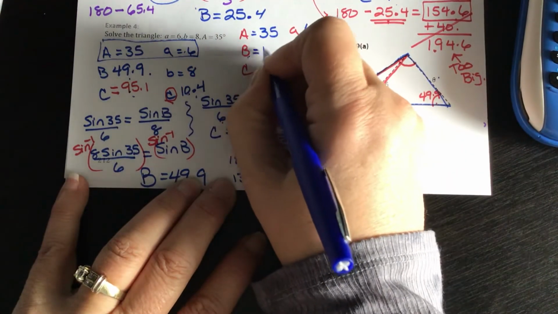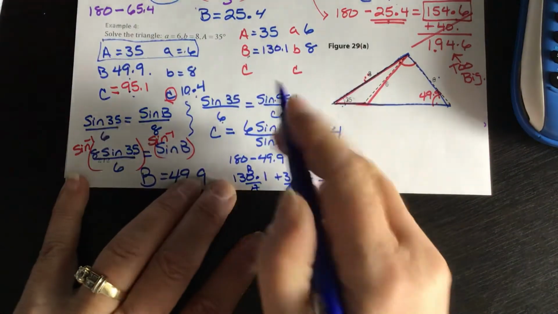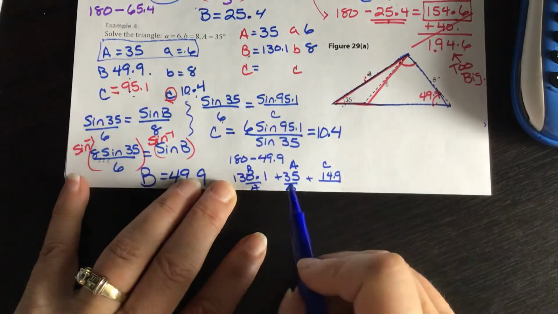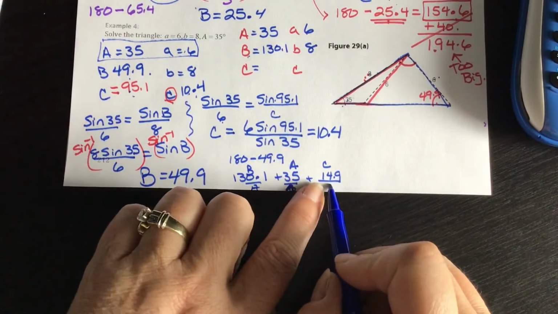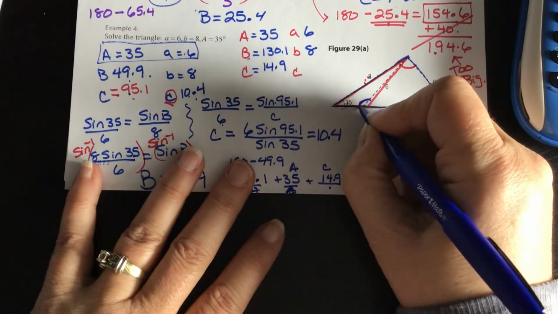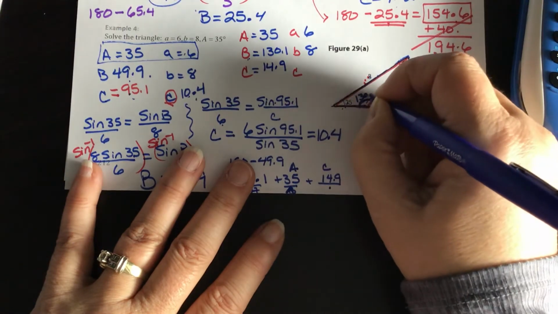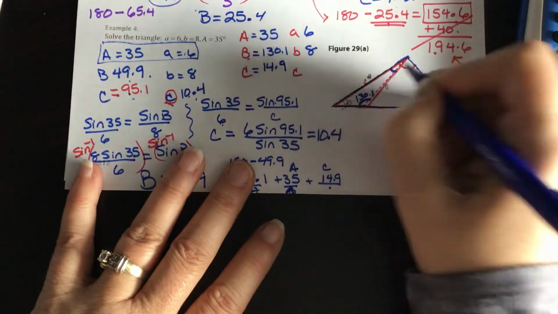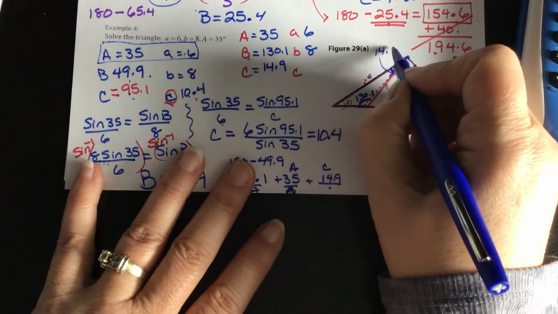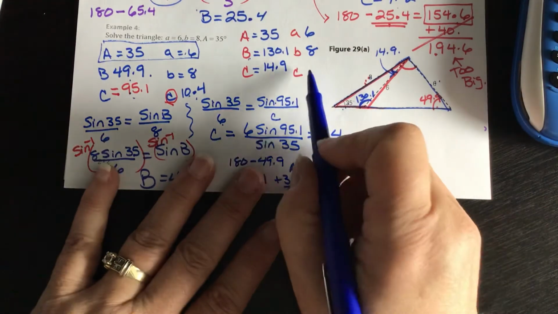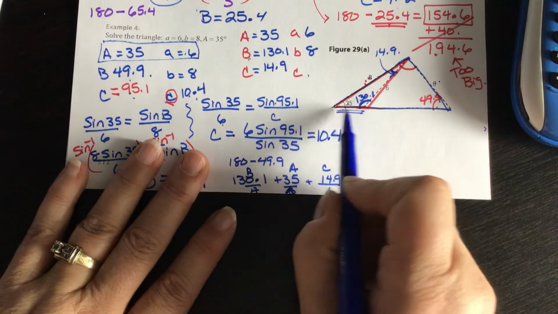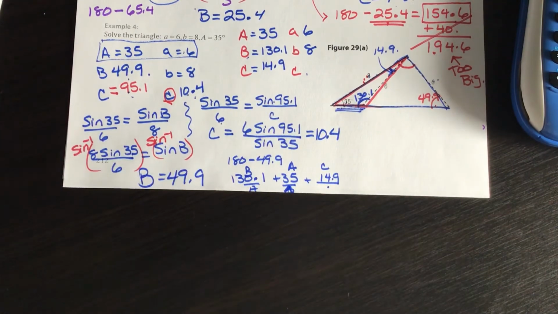So if B is 130.1, I need a new value for C. So 180, oh, we found that, 14.9. So this angle right here would be 130.1. This angle right here would be 14.9. Now I need to find side C, which would be this side right there.